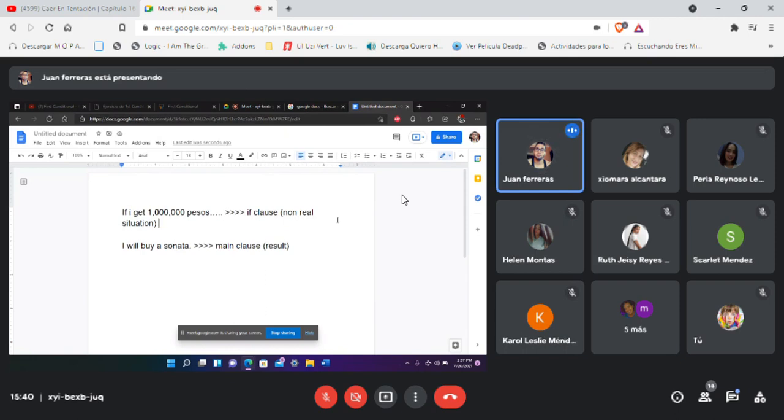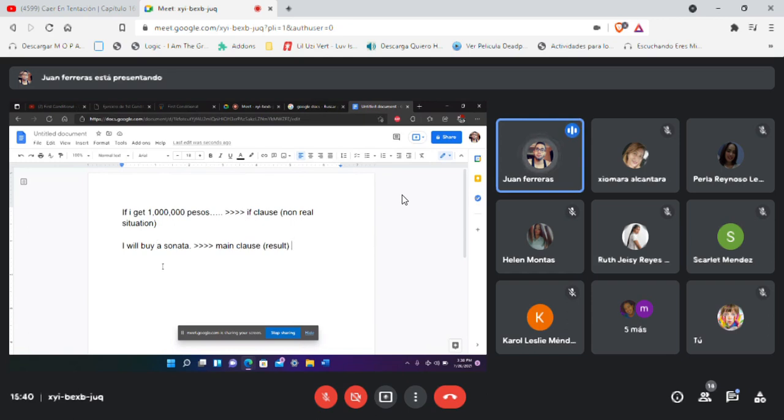Entonces yo digo, si yo consigo 1 millón de pesos, ¿cuál sería el resultado de Ryan? Ryan dice que él va a comprar un Sonata. Ese es el resultado. So we can say that the first conditional is divided in two, the if clause and the main clause.